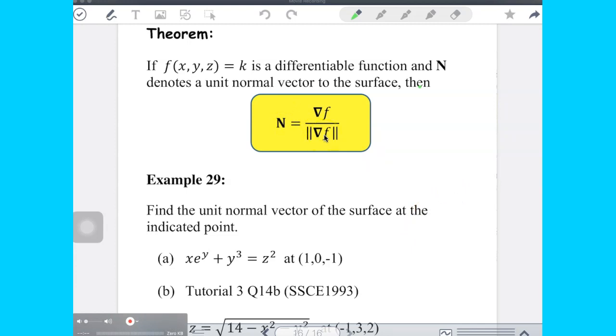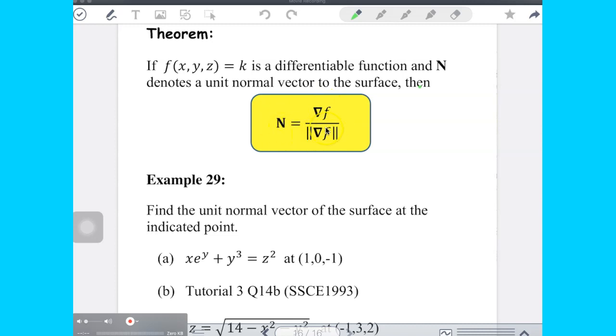As we know, the normal vector that we calculated just now, the normal vector to the level curve or to a tangent plane or tangent line, is given by the gradient of f, right? But if you divide the gradient of f by its magnitude, then you have a unit normal vector.